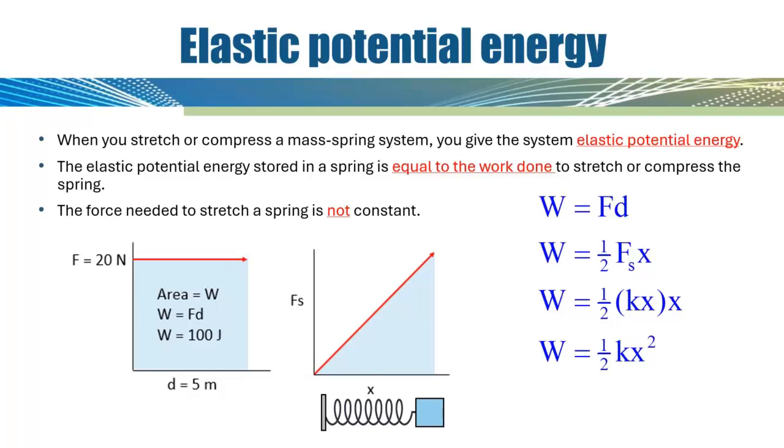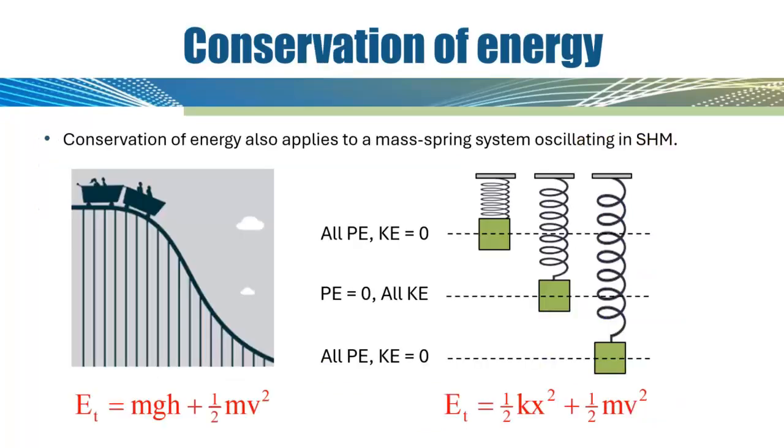And the elastic potential energy is equal to the work that was done. So we now have derived the equation for the elastic potential energy that is stored in a stretched or compressed spring.